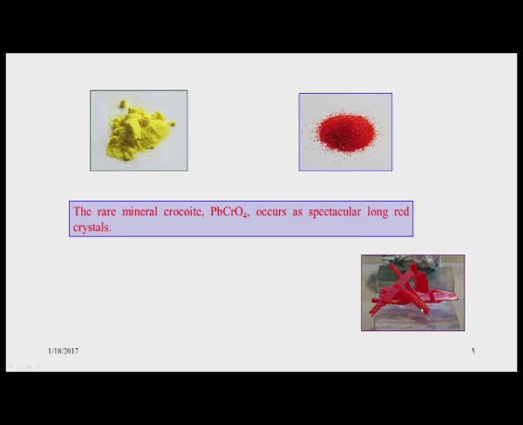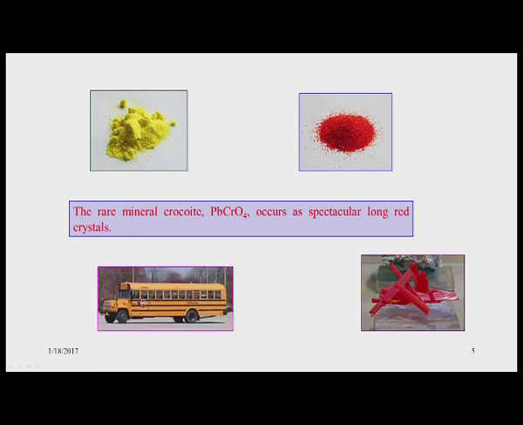So, the dense packing of the crystal and the nature of the crystal system will give you a completely different color, from yellow to red, and this is a very well known thing. If we can naturally get this compound and grind it like our dichromate, we can use it as a red pigment, and the yellow color can be utilized for the chrome yellow painting of the school buses.